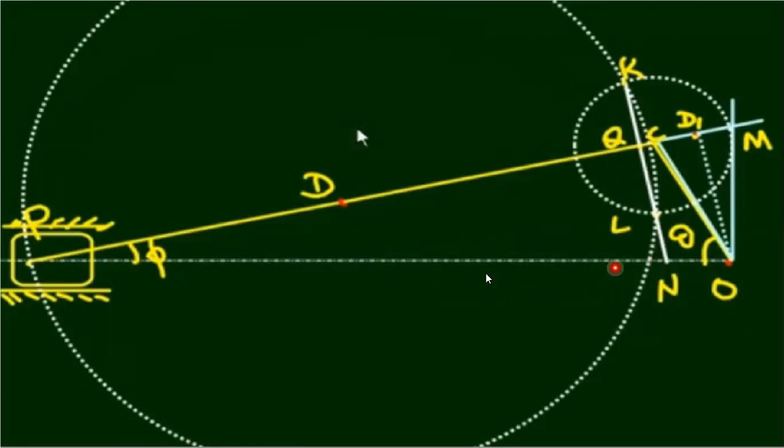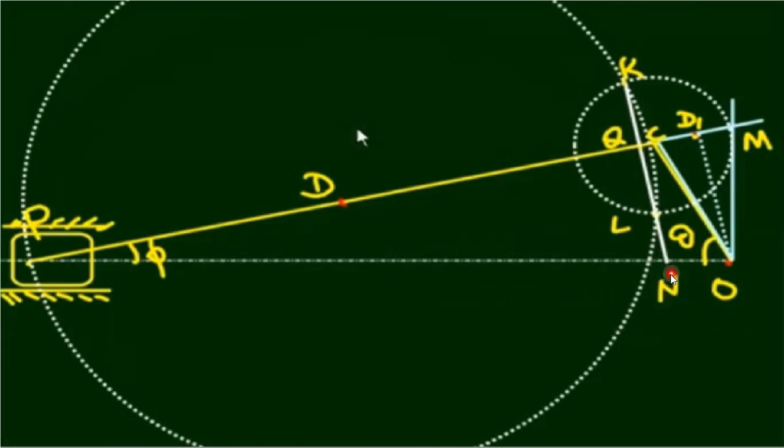So K, L, N, these three points will be collinear, on the same line. Join K and L, extend that line so that it meets the line of stroke, and place that point as N.